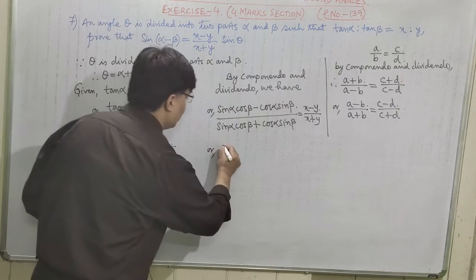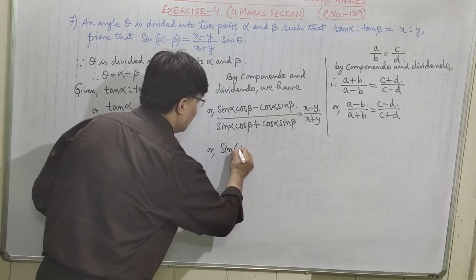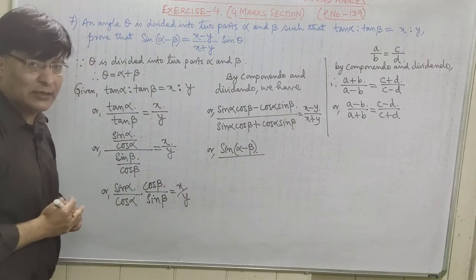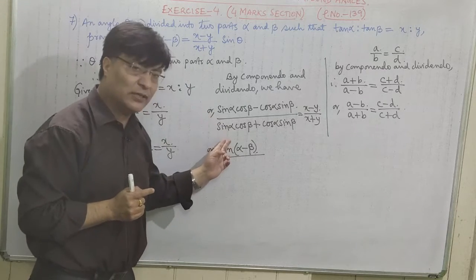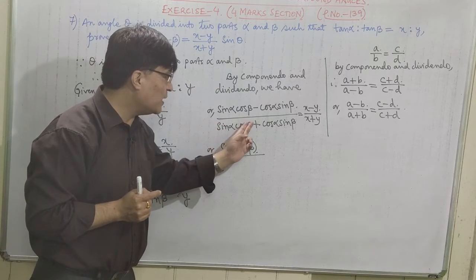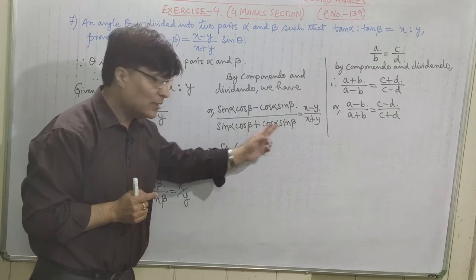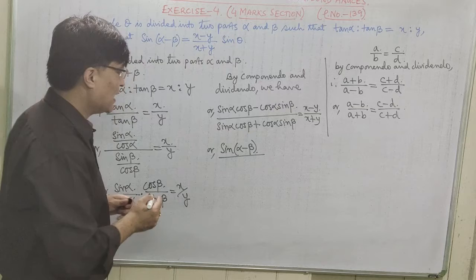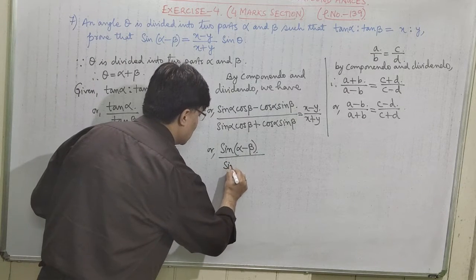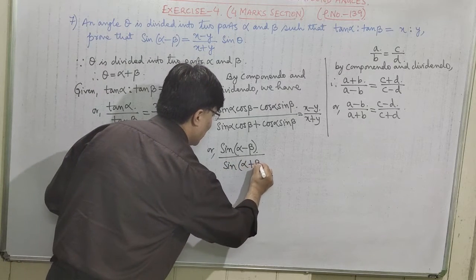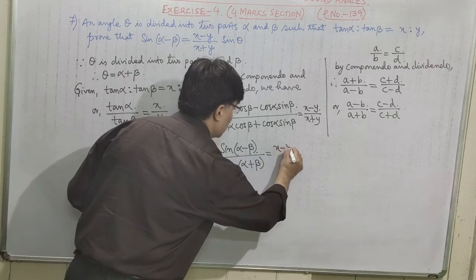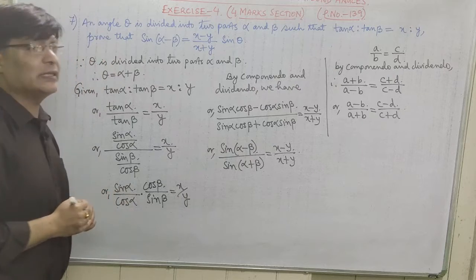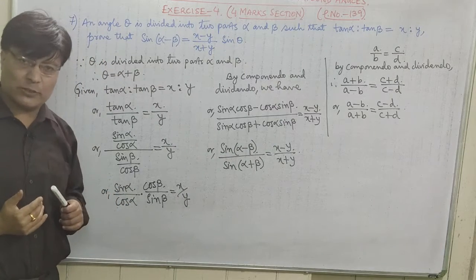So what is the formula? It is sine of alpha minus beta divided by, in the denominator also, this is in the form sine A cos B plus cos A sine B. Here alpha is A and beta is B. So what is the formula? Sine of A plus B. So this is sine of alpha plus beta is equal to, right hand side is kept as it is, that is x minus y upon x plus y.